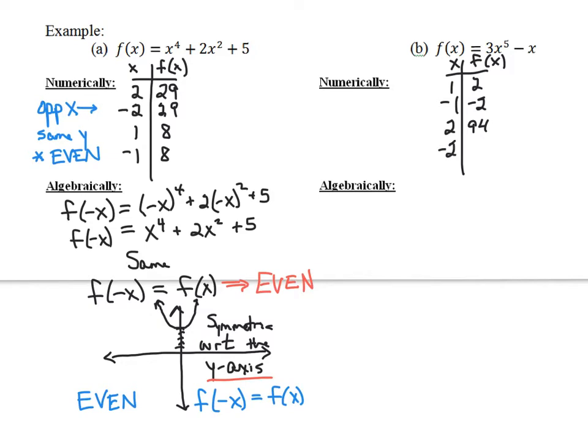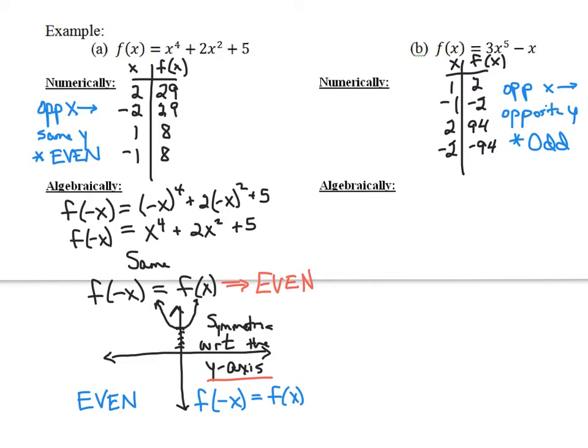But when I substitute negative 2 for x, that's giving me a result of negative 94. So from this table of values, I can see that when I substituted opposite x values, the results were the opposite of the y's. So when opposite inputs give me opposite outputs, that leads me to the idea that this must be an odd function.